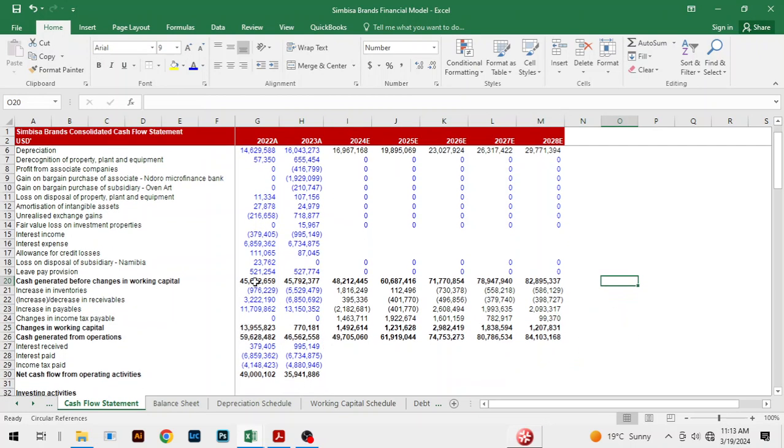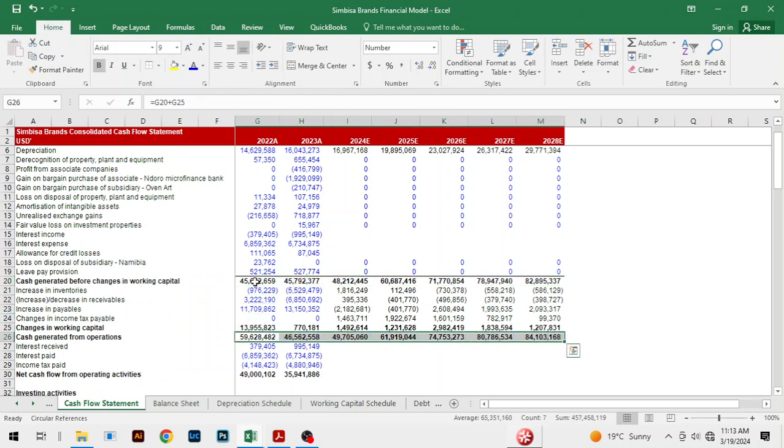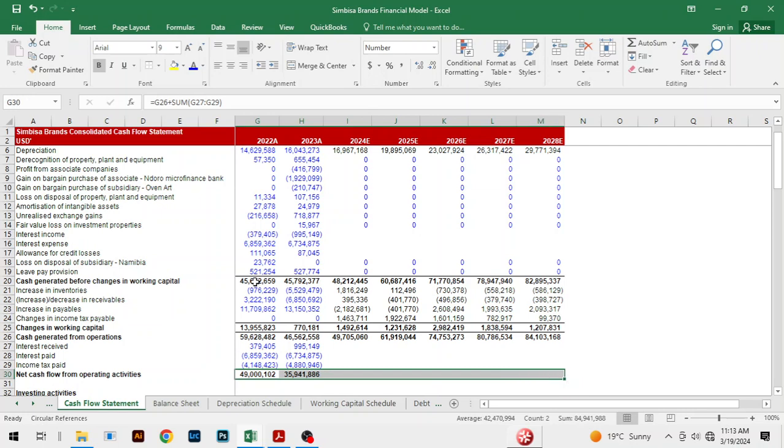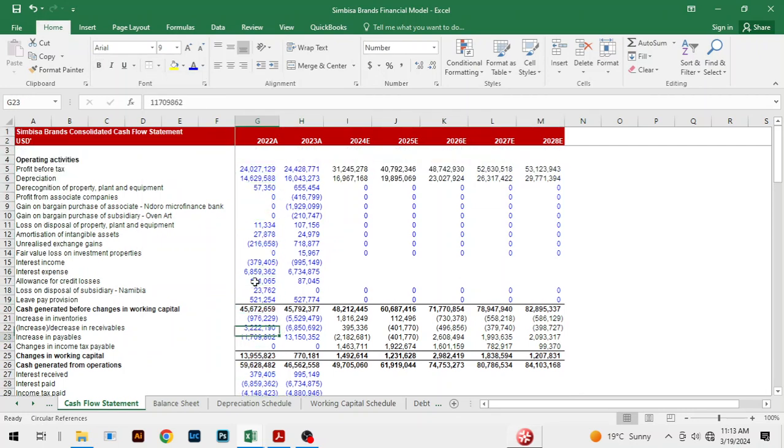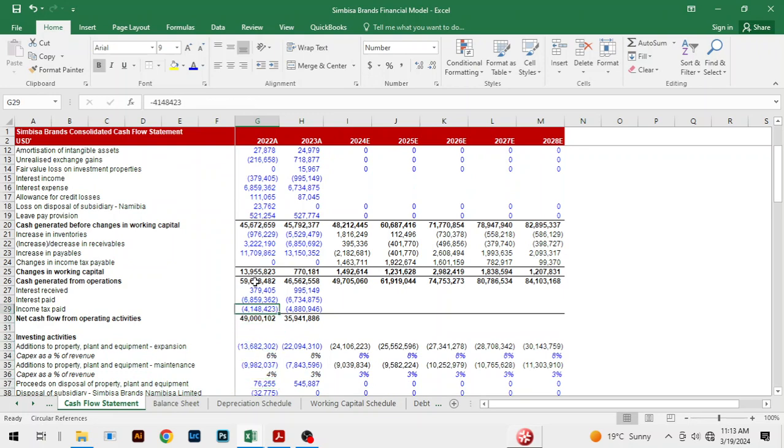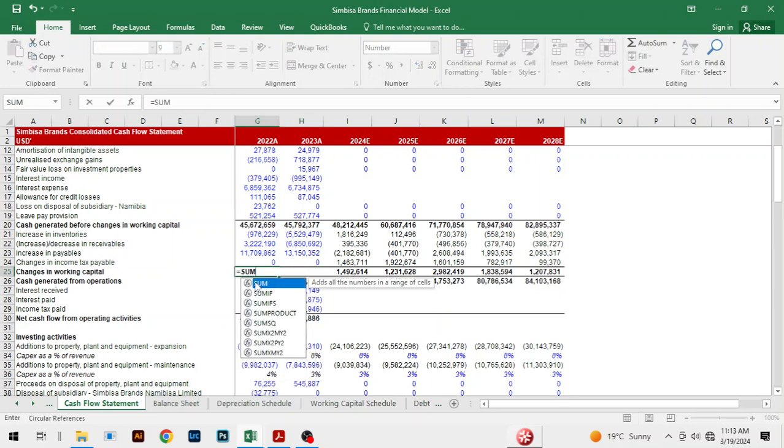Okay, so now I think we can add a border there, right, like that. Right, so what else can we do? Cool. So now let's just, okay, like that.